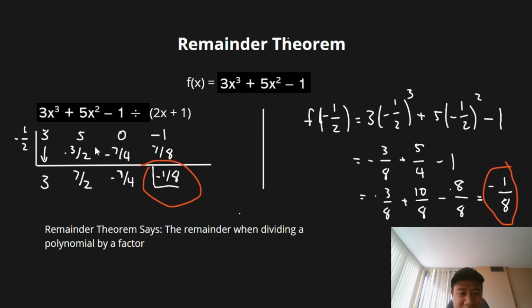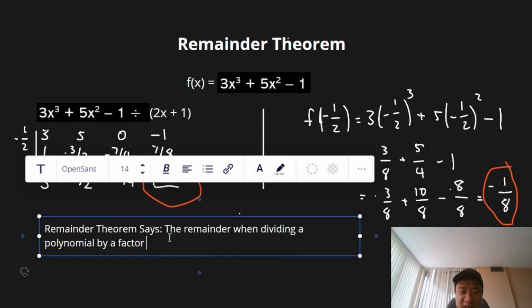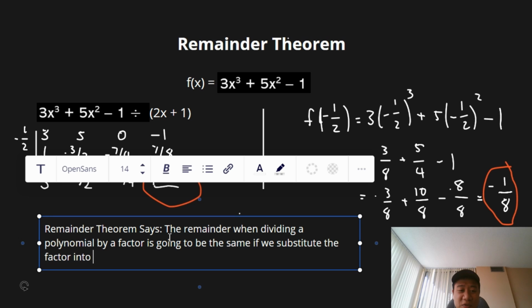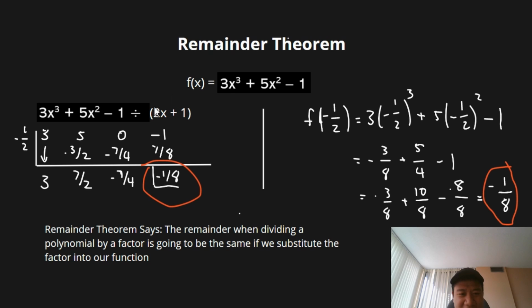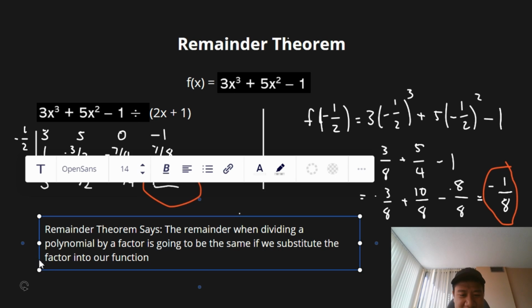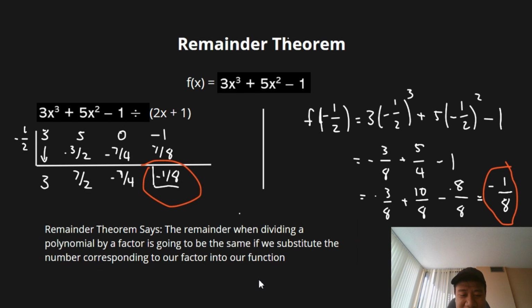What this means is that when we divide a polynomial by this factor, the remainder is going to be the same if we substitute the factor into our function. Well, not technically the factor, but the number corresponding to our factor. So I'm going to change this: if we substitute the number corresponding to our factor into our function.